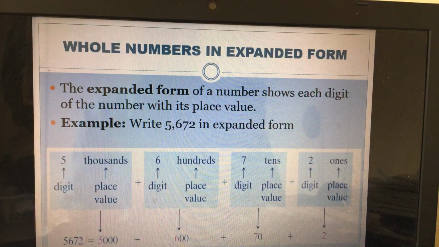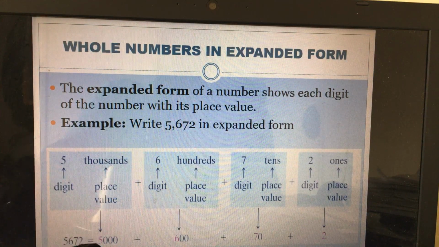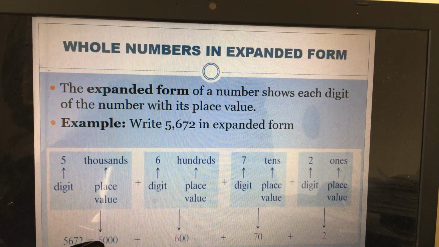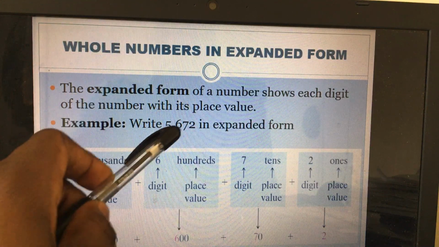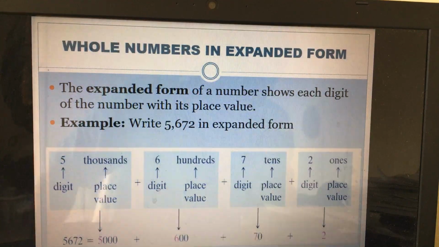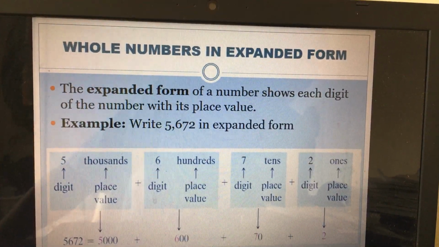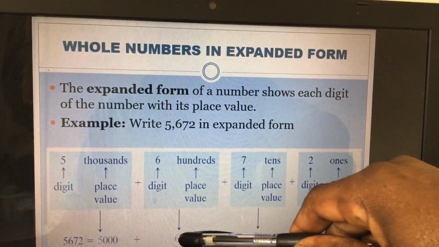See? So that means this 5 is in the thousands place. So I see 5,000 right here. Okay? The 6 is in the hundreds place. You can see 600 right here.